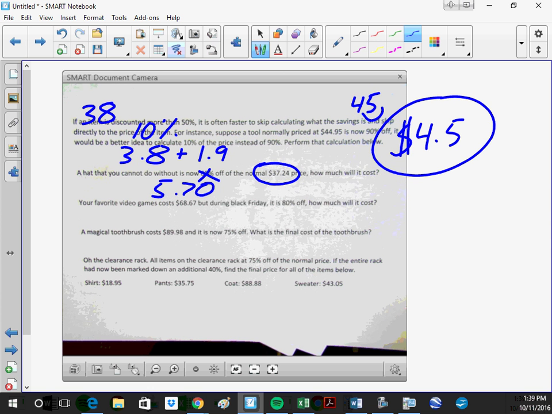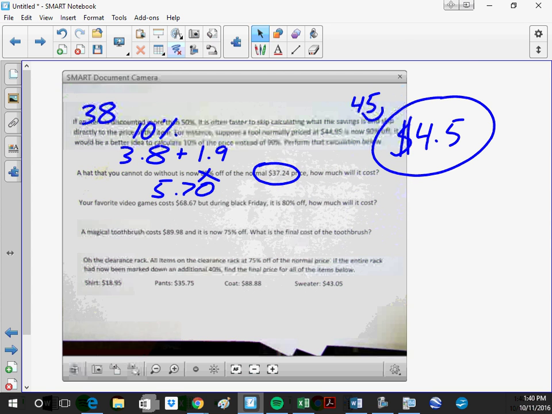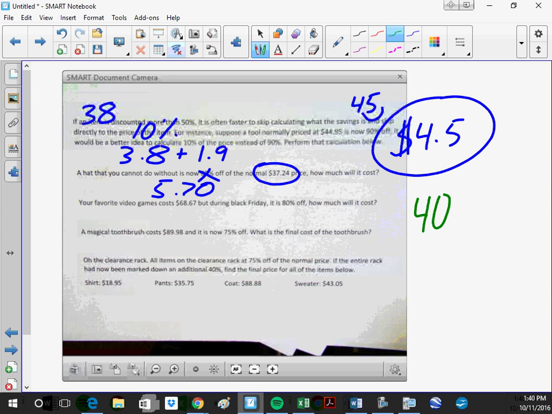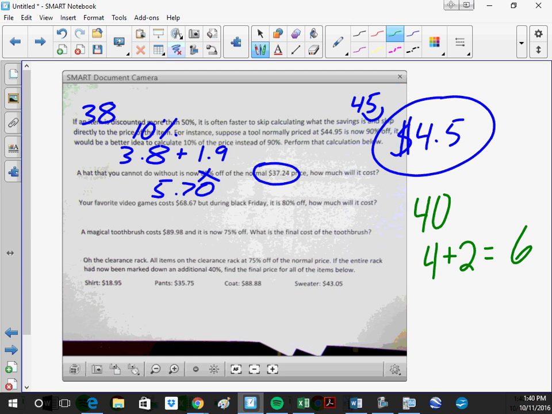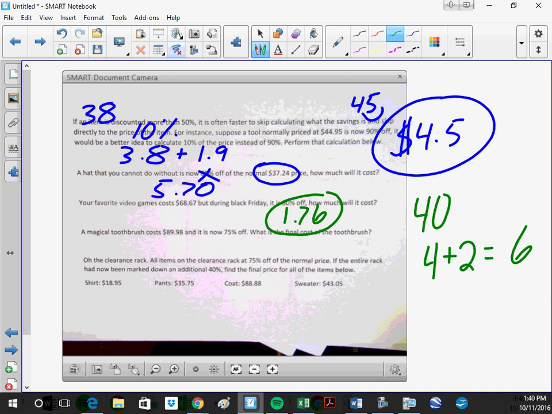Okay. If we did it the other way, and we rounded it straight to 40, that would be $4 plus $2 is $6. How much should I get rid of? Well, I rounded it up $1.76. So I'm really looking at about 15% of that.